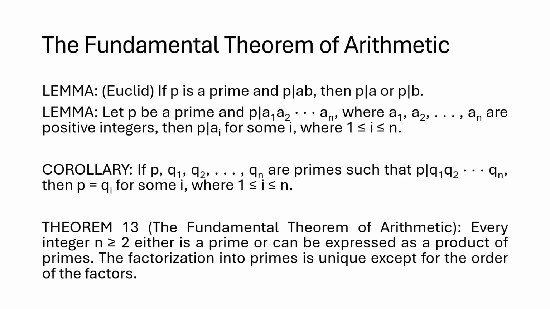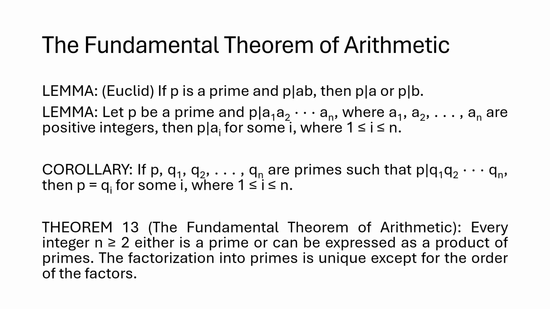Before we state it formally and of course prove it, we need to lay some groundwork in the form of two lemmas. So we have these two lemmas in this presentation. Throughout, we assume all letters denote positive integers.